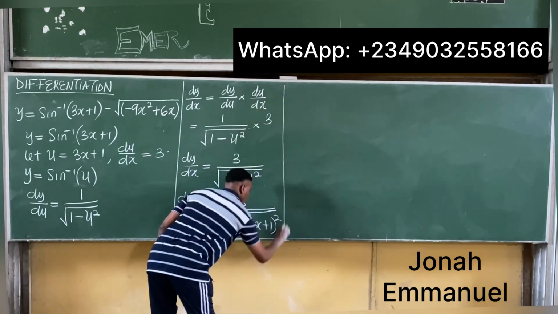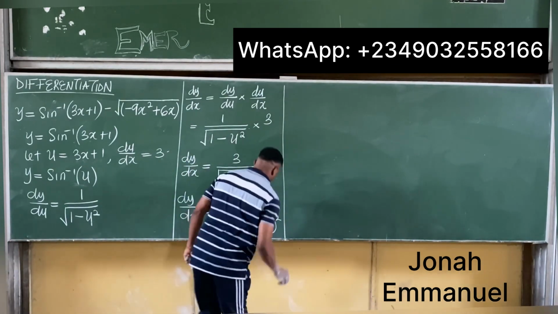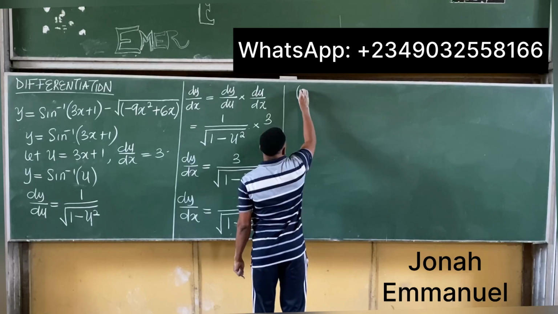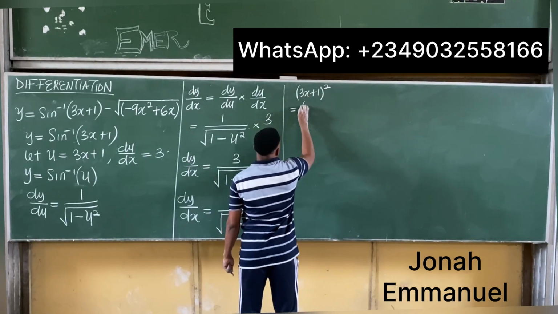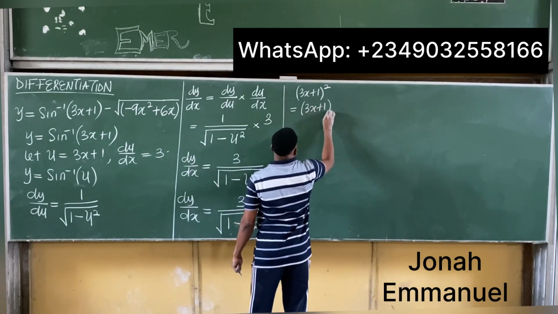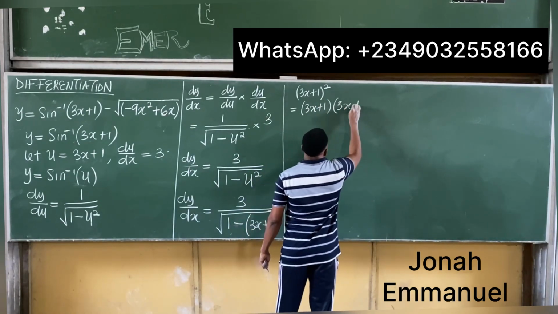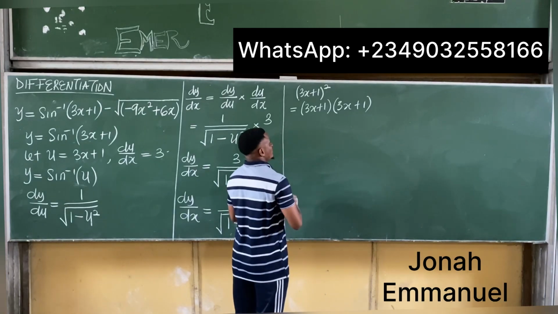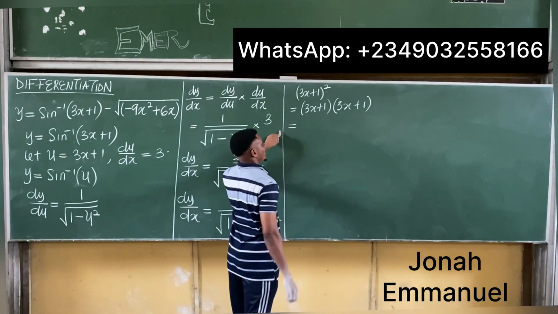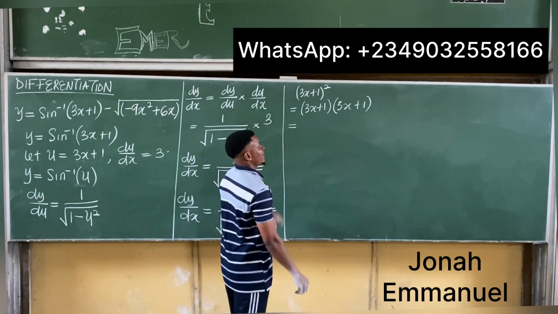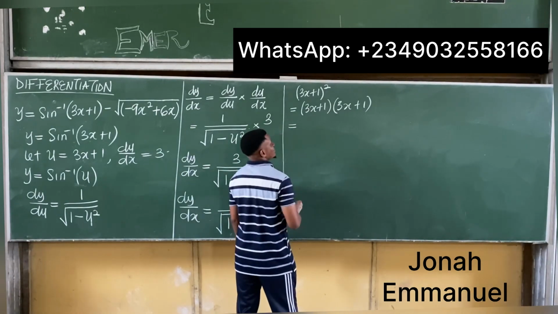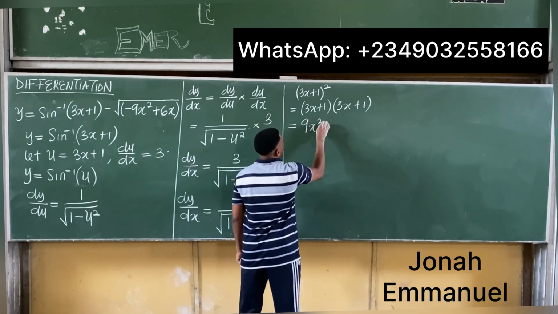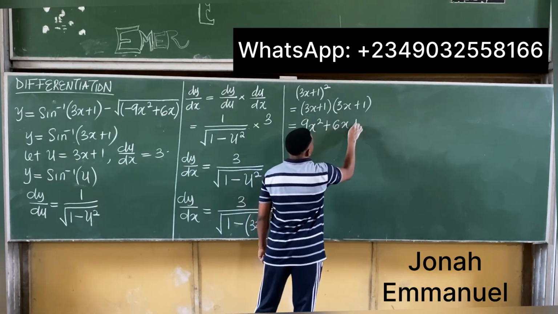If I have (3x plus 1) all squared, this will be equal to 3x plus 1 multiplying itself. From the idea of binomial expansion, if you can remember when we did binomial expansion, my final answer should be 9x squared plus 6x plus 1.